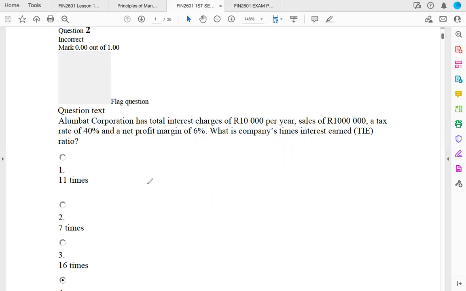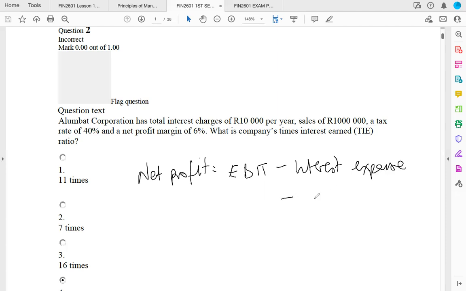Okay. So we know from our studies that when we get to the net profit of a company, we take the EBIT, then we subtract any interest expenses we have, and then we subtract the tax expense on the earnings before tax, right? So we want to calculate EBIT.